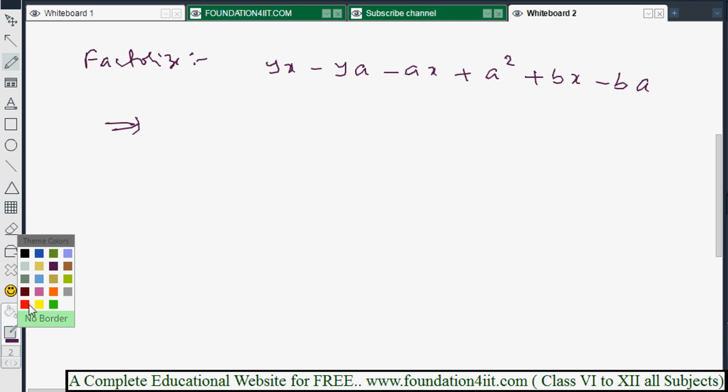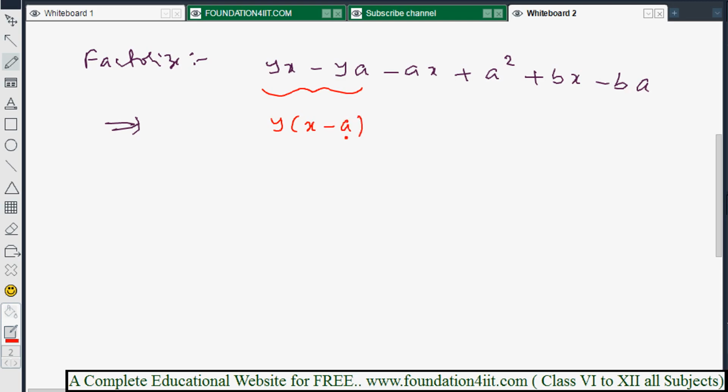From the first two, I am taking y common: x minus a. Next, from the middle two I take minus a common: x minus a, because minus into minus plus a into a is a square.